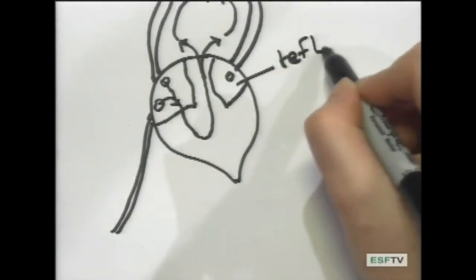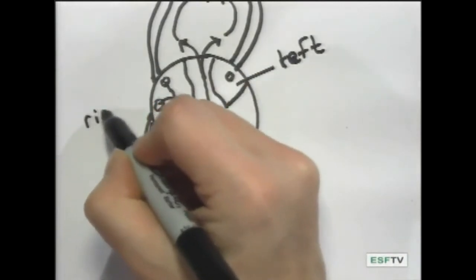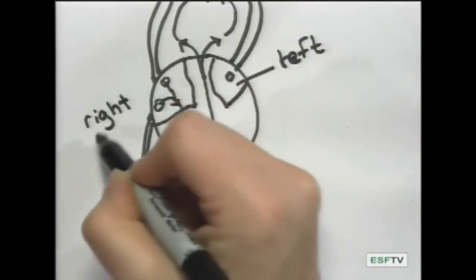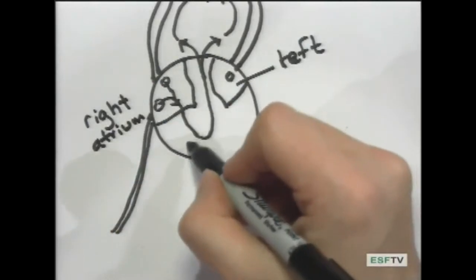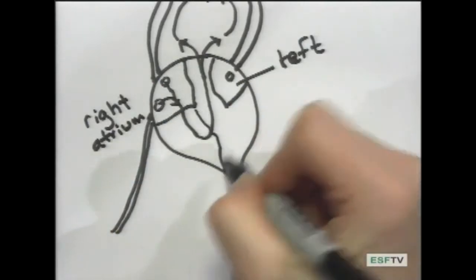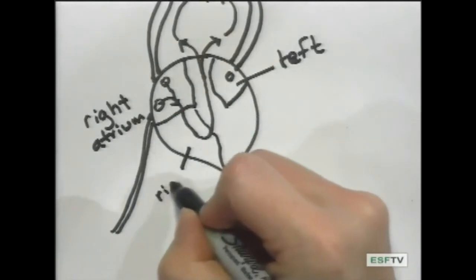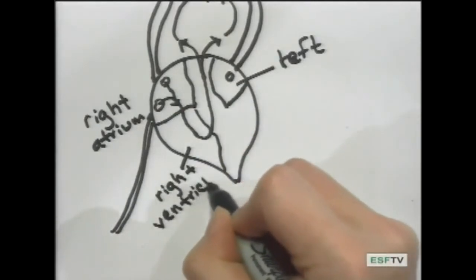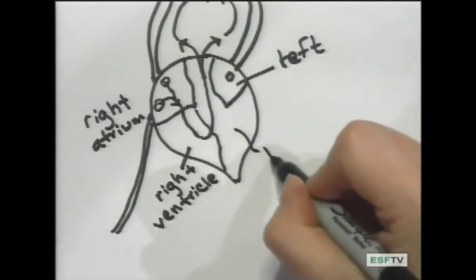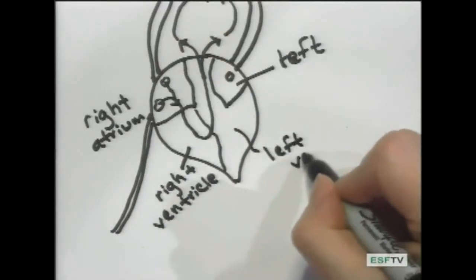Actually, this is the left atrium and this is the right. And here, this area will be your right ventricle and your left ventricle.